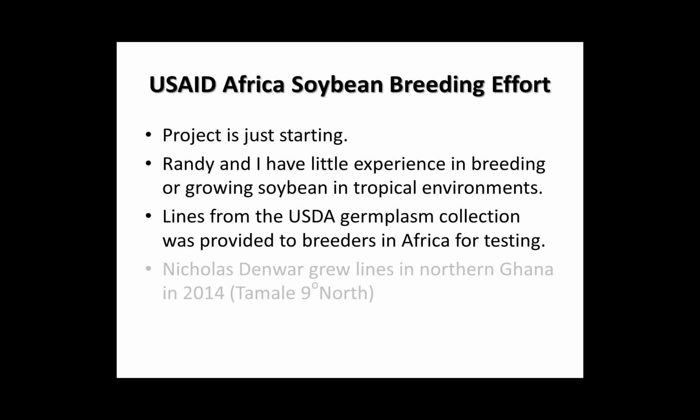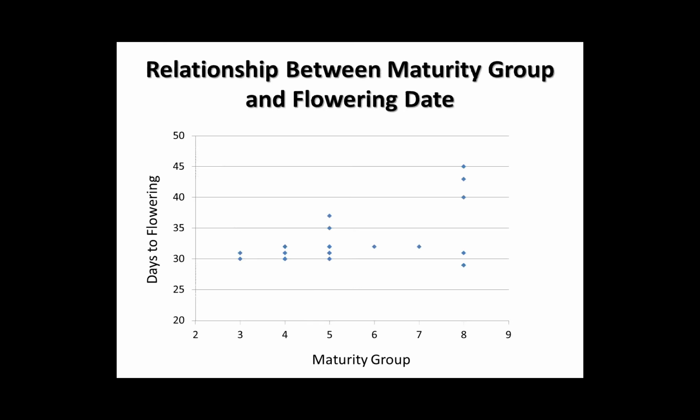And so as I mentioned before, Randy has sent germplasm from the USDA collection to the 3 collaborators in Africa to see if they can identify germplasm that looks useful and adapted to African environments. What I'm just going to talk about is some work that Nicholas Denoir did in growing the USDA material in northern Ghana, and that's in Tamale, which is about 9 degrees north latitude.